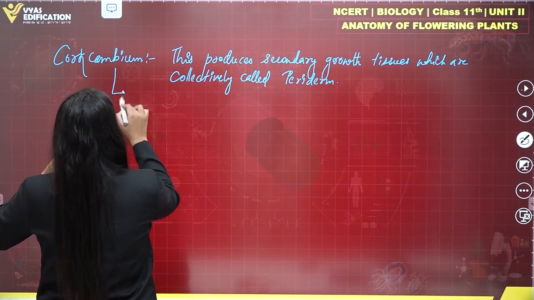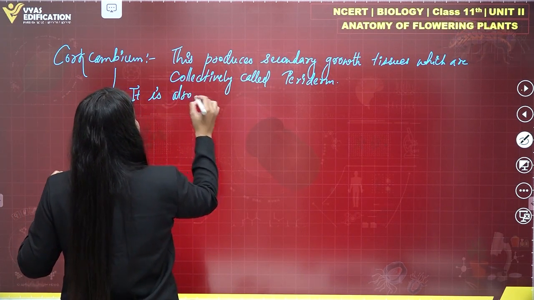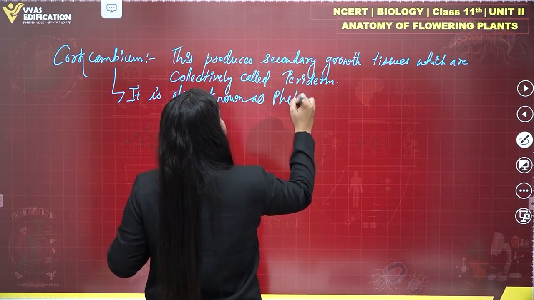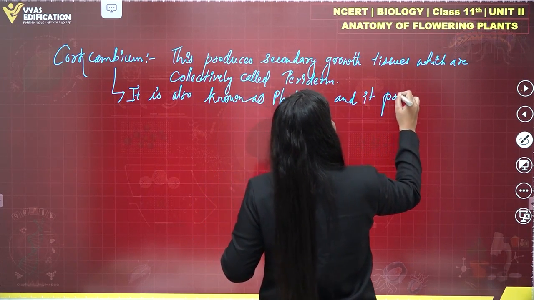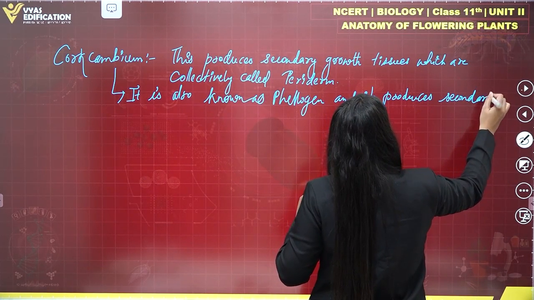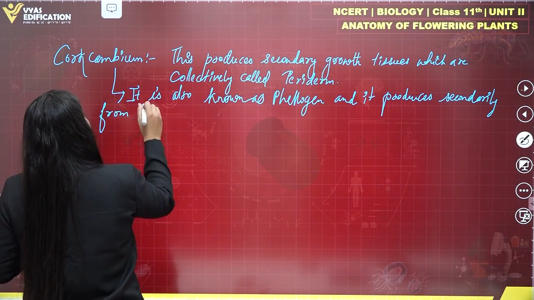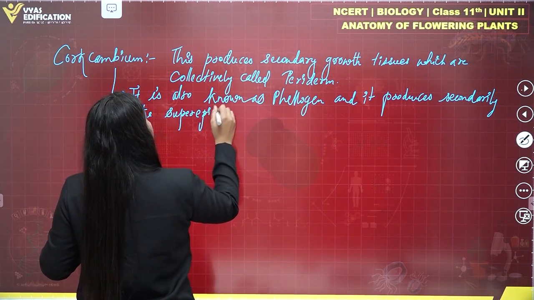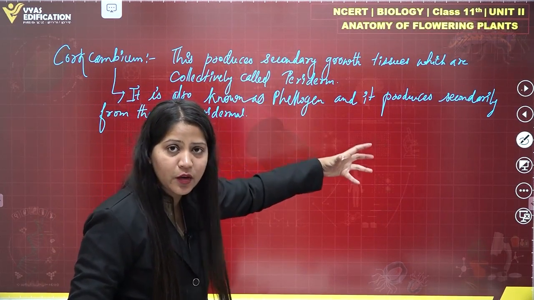Now this cork cambium is also known as phellogen, and it is produced secondarily from the supraepidermal, that means the outermost epidermal layer.